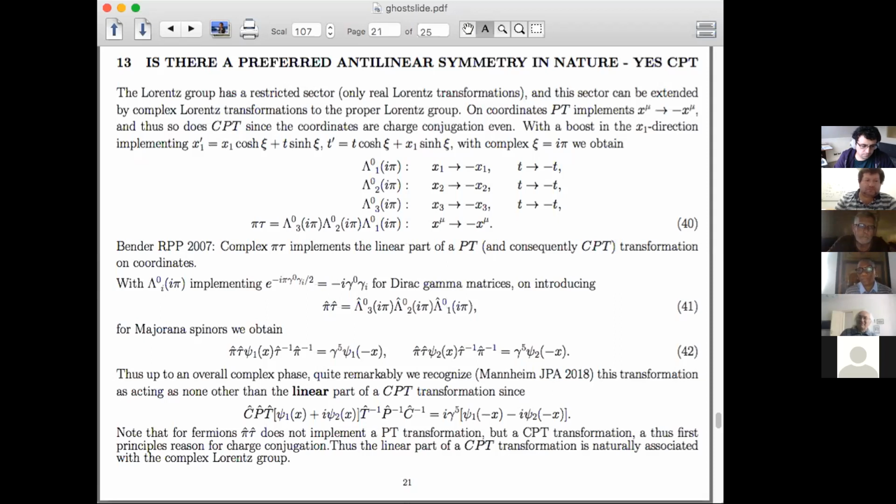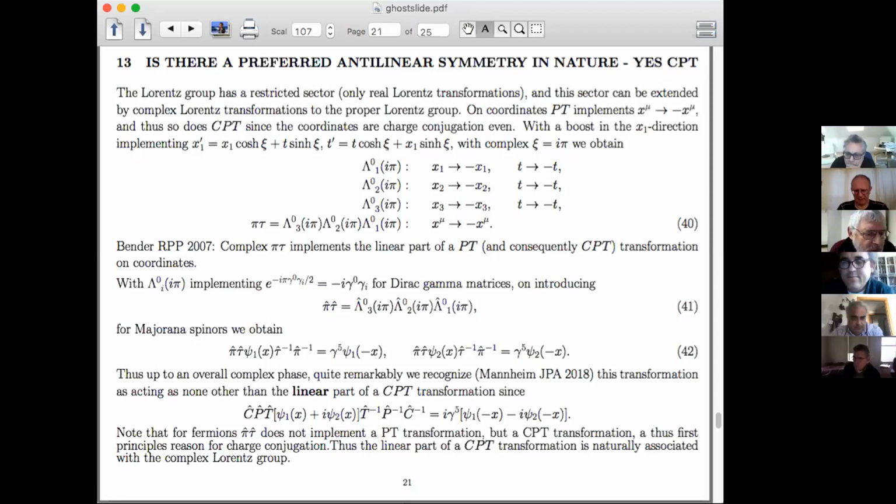That allows for the possibility that C and P and T could all separately be broken without CPT being broken. It seems to me I would expect that PT symmetry could be spontaneously broken. I mean that you can do it consistently, not necessarily that it's realized in the real world.